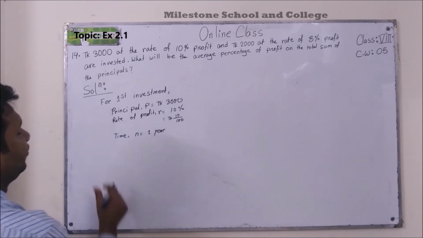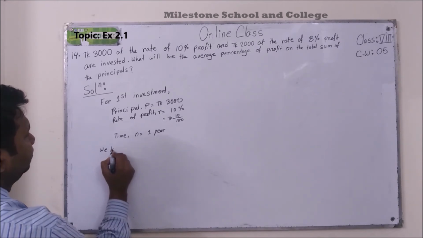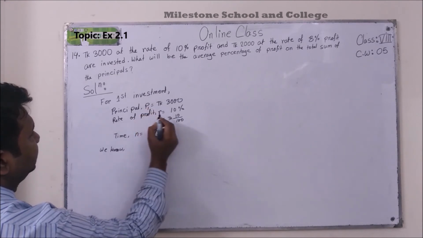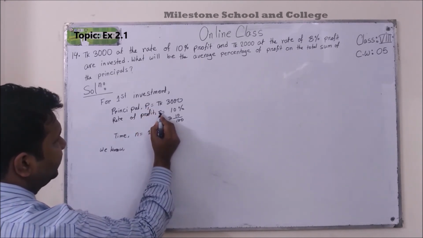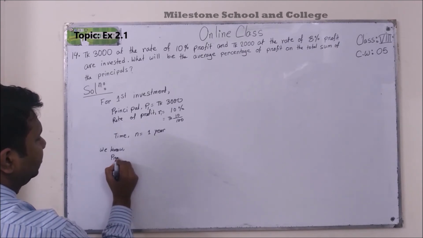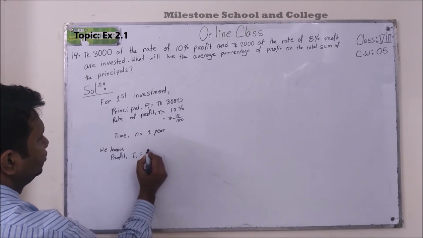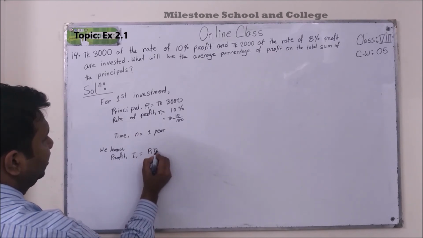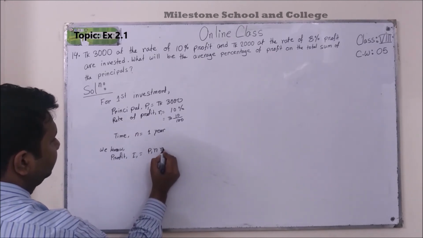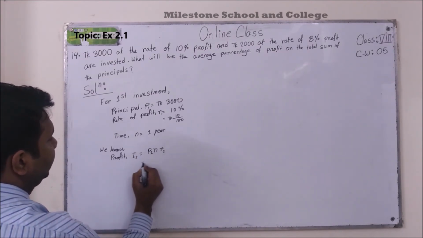So we know profit I1 equal to P1 into n into R1.